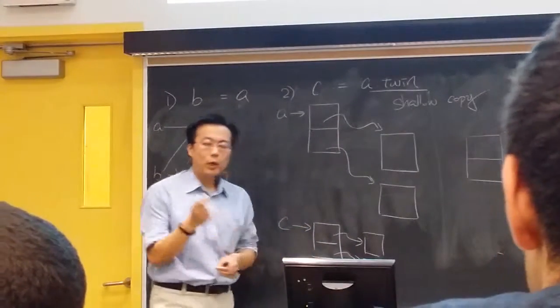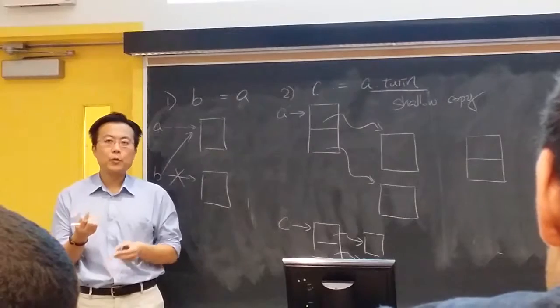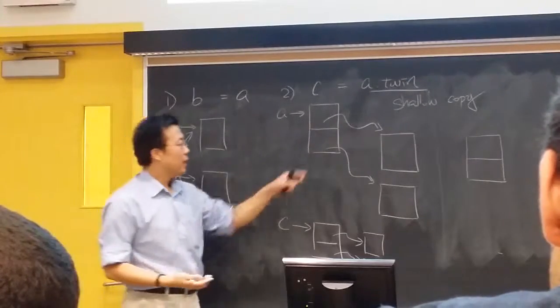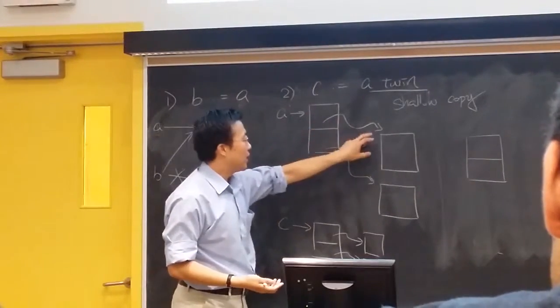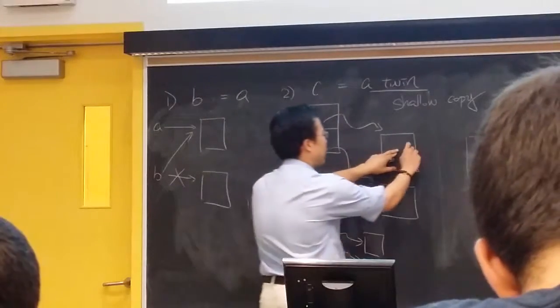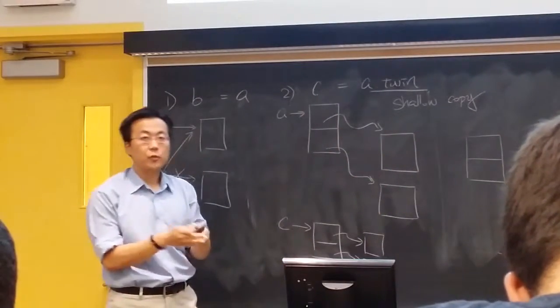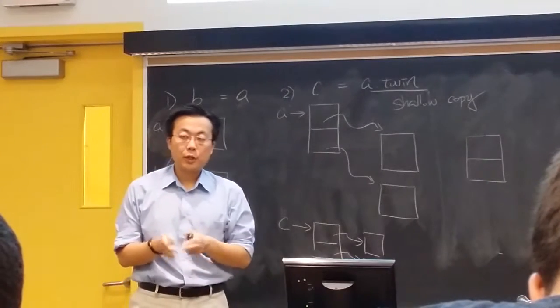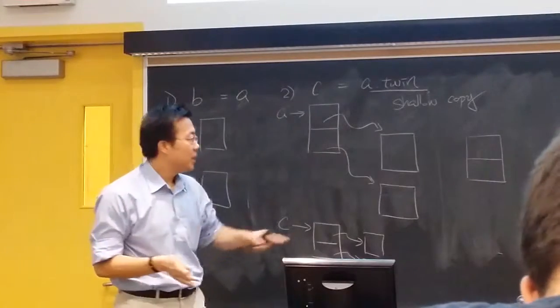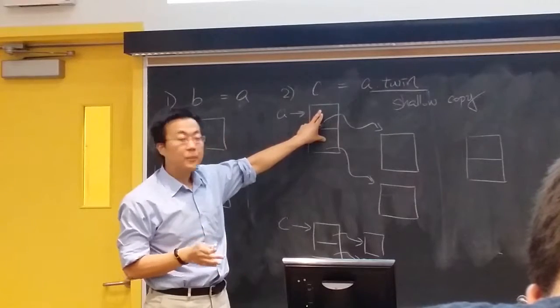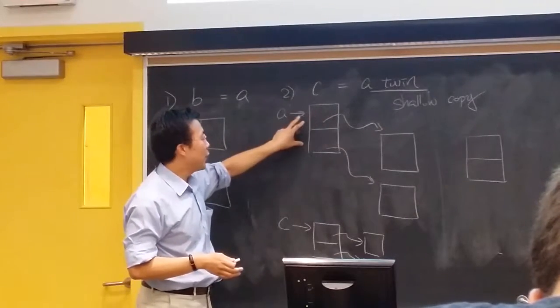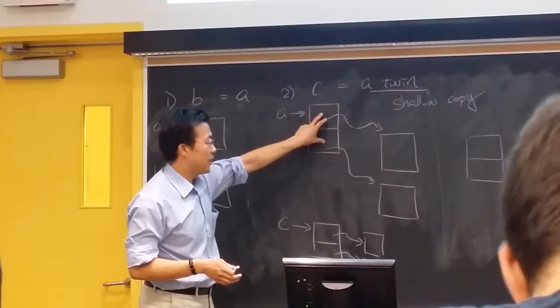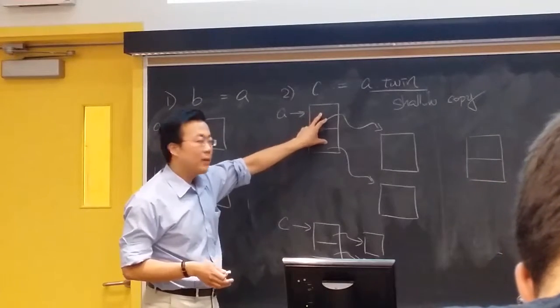However, we call it a shallow copy in the sense that we don't do any recursive copy. Because you can see A might point to other objects, and these objects might point to other objects. So it's like a recursive graph. The shallow copy doesn't do any recursive copy. It simply does a first level copy. It creates a new object here with exactly the same structure.